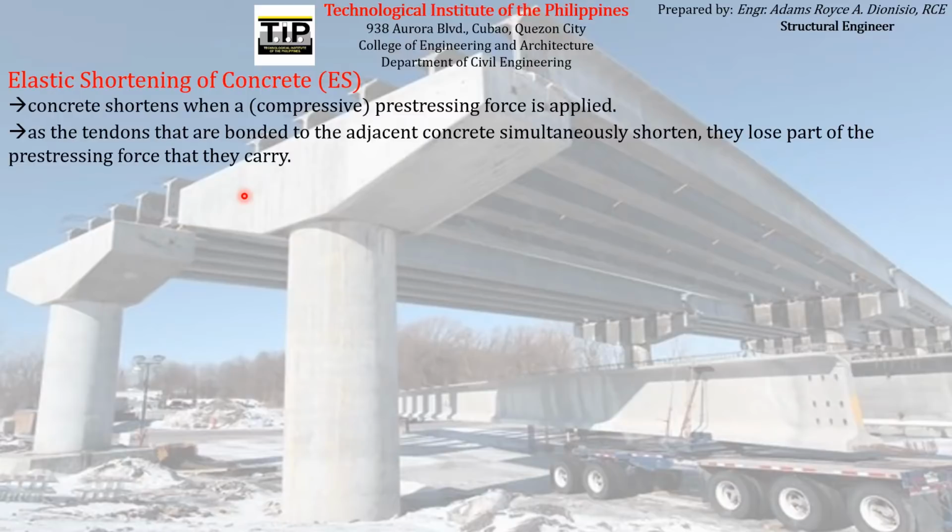And since the prestressing reinforcements are bonded to the concrete that covers it, the same scenario is experienced by the prestressing reinforcement, and because of that shortening, the prestressing reinforcement tends to lose part of the prestressing force that is being carried by it.